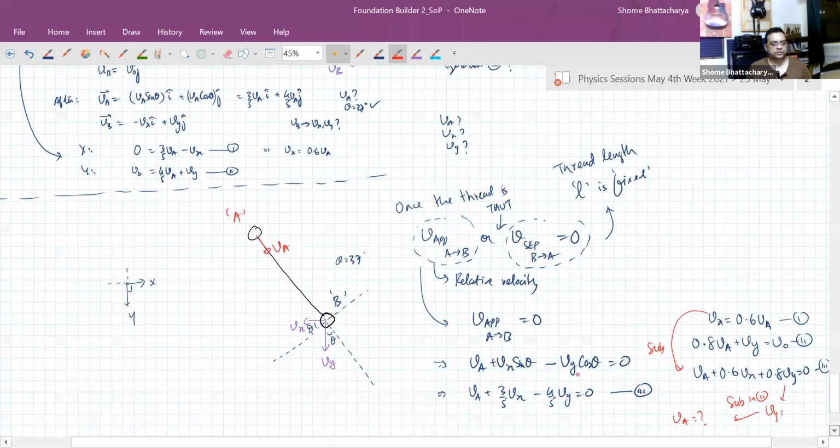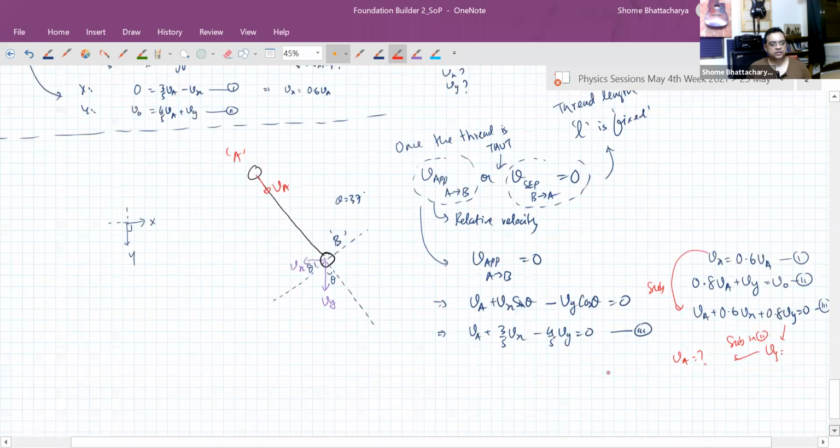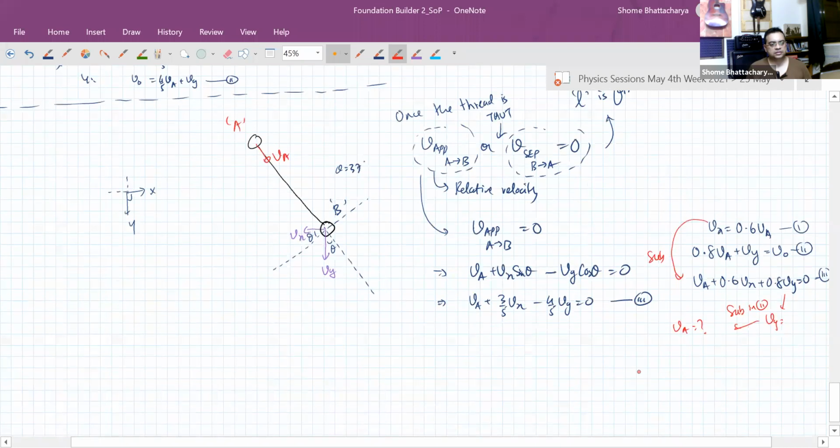Okay, so let's do this substitution. Equation 3 will become VA plus 0.6 Vx, now Vx is how much? It is 0.6 VA, plus 0.8 Vy is equal to 0. So this will tell us that Vy. There's a minus sign, that's what I thought. Can't get Vy as a negative quantity.